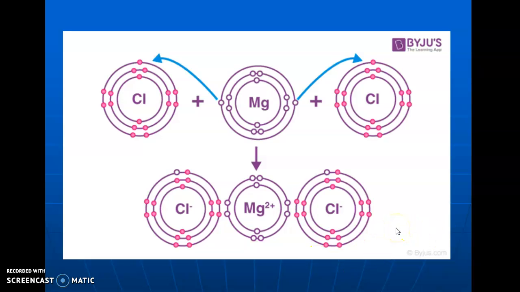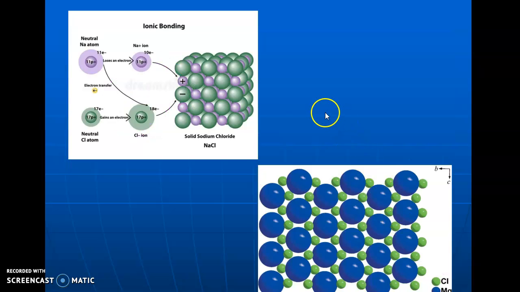So you can see from this, we will not necessarily have just a 1-to-1 ratio of positive to negative every time. In this case, we have 1 positive and 2 negatives. And that also affects what their structure looks like.